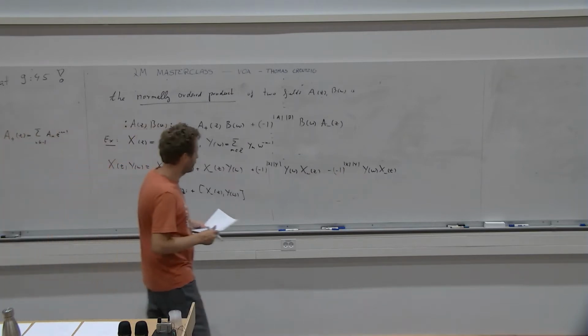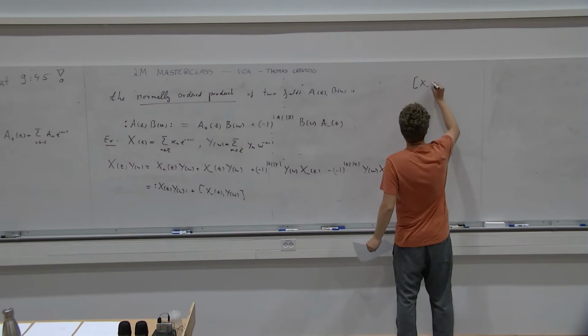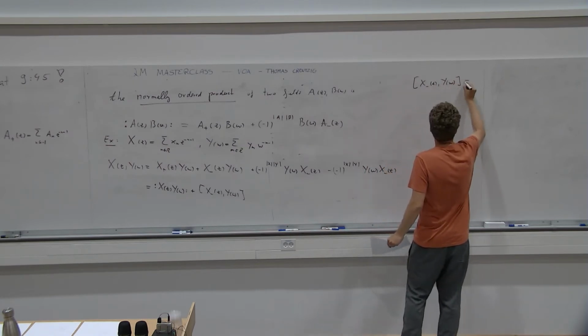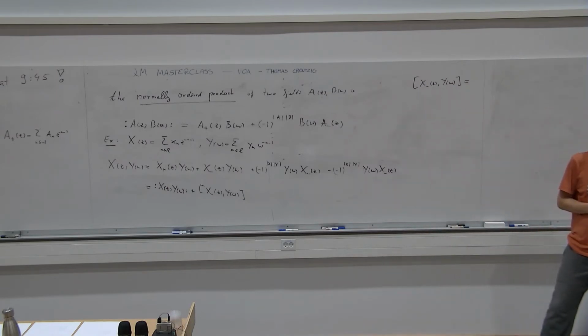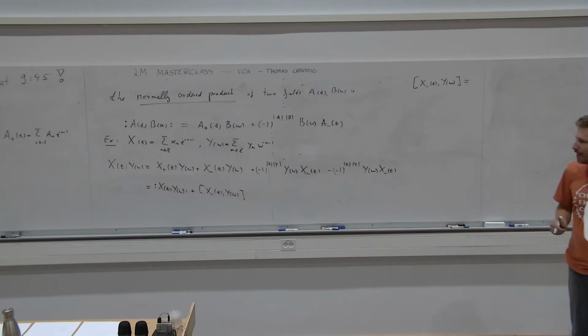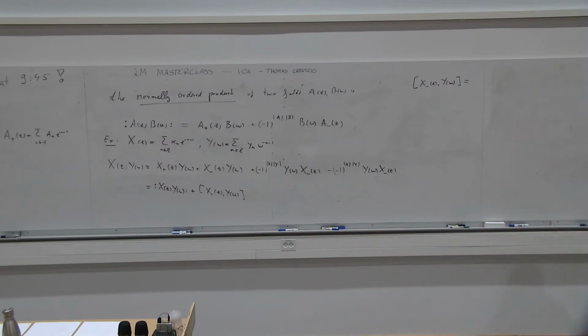So let's compute this commutator. Is it true that the parity of big X will be the same as the parity of the little x? I should have said this, I got a few people asking me.